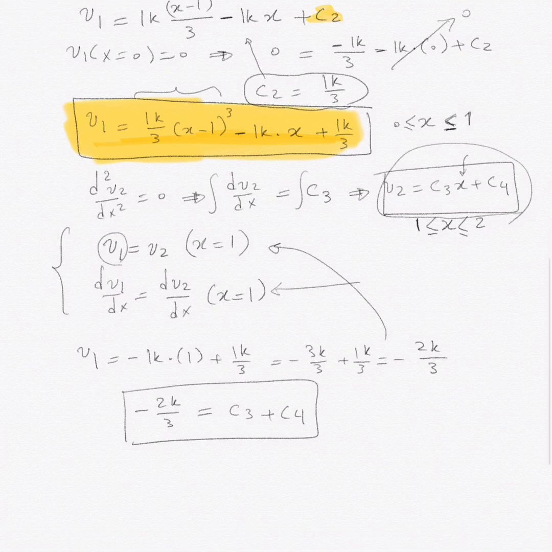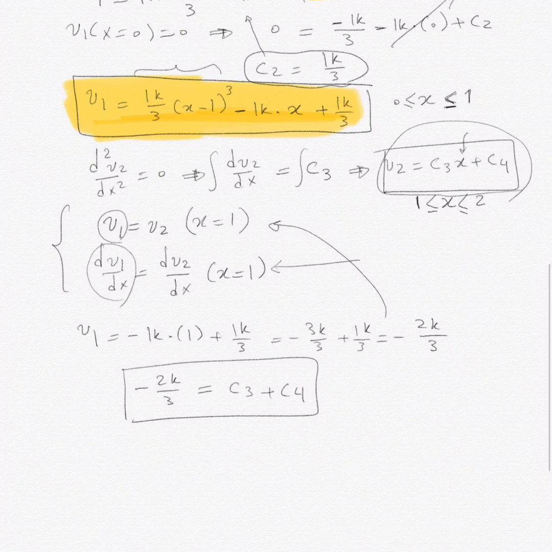Okay? So let's find the derivative of V1 with respect to x, which is right here, and evaluate that at x equal to 1. All I need to do is take the derivative of V1 right here. So dV1/dx is equal to, 3 cancels out with 3, so you get negative 1k times (x minus 1) squared, plus 1k times (x minus 1) squared.